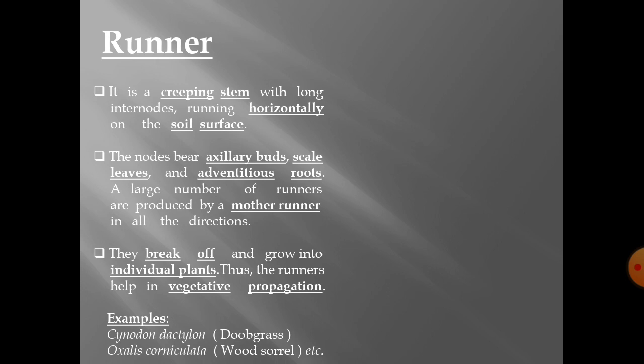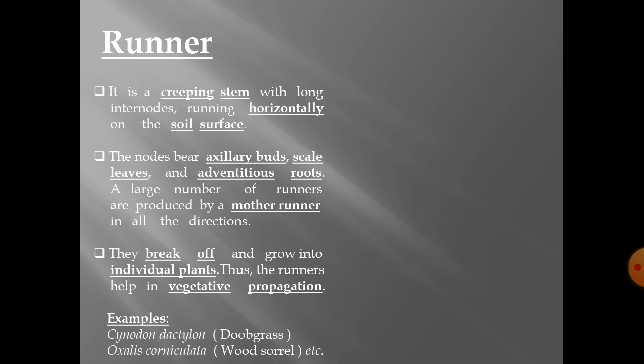Meaning, runner is a type of stem which is weak with long internodes. That is why it runs horizontally on the surface of the soil. Next point. The nodes bear axillary buds, scale leaves, and adventitious roots. A large number of runners are produced by a mother runner in all the directions.